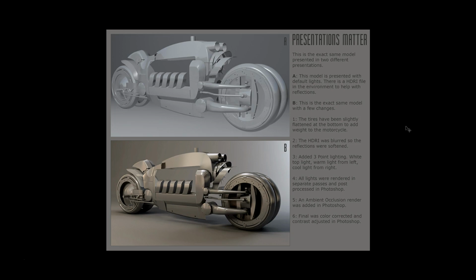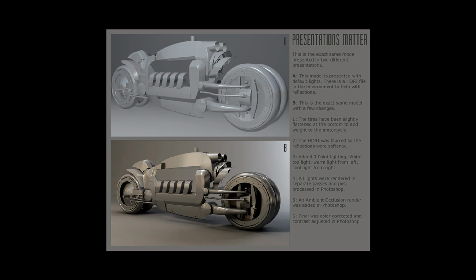What they did was just pretty much put a gray shader on it. They did do an HDRI, which was kind of nice, so they got some nice reflections on it in this top one. But then I came in, and I put a little bit of weight to it. I flattened the tires a little bit to give some weight to this. I added a 3-point lighting scheme to it.